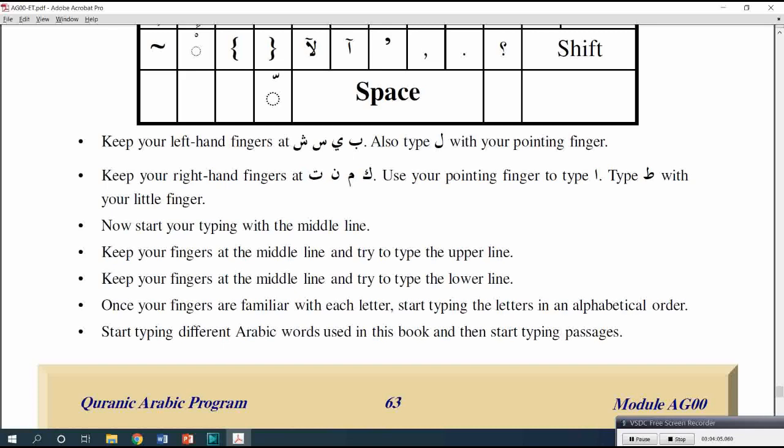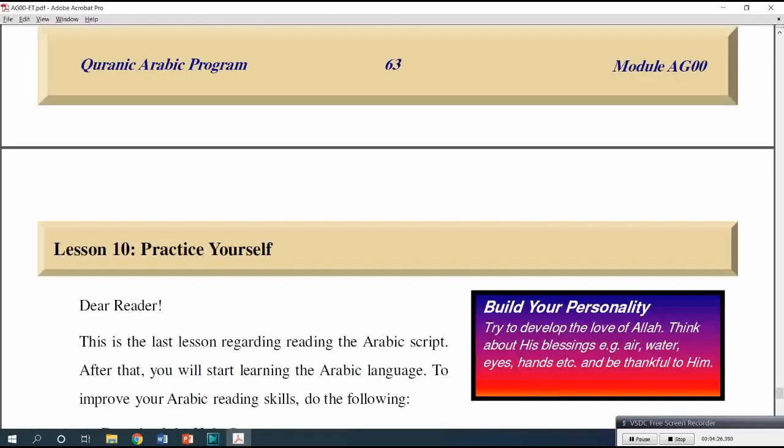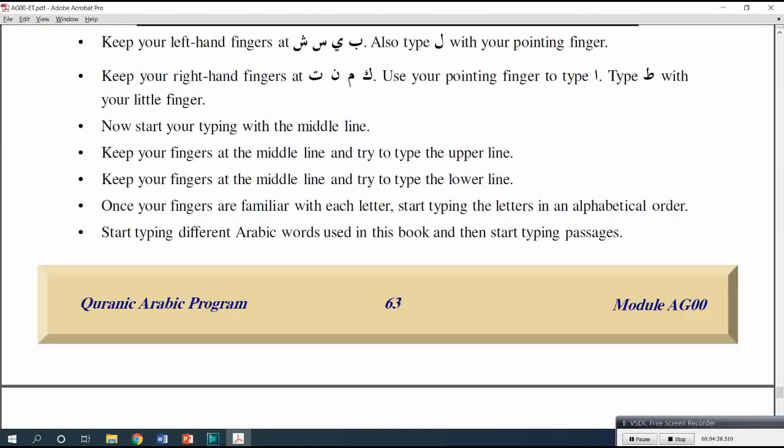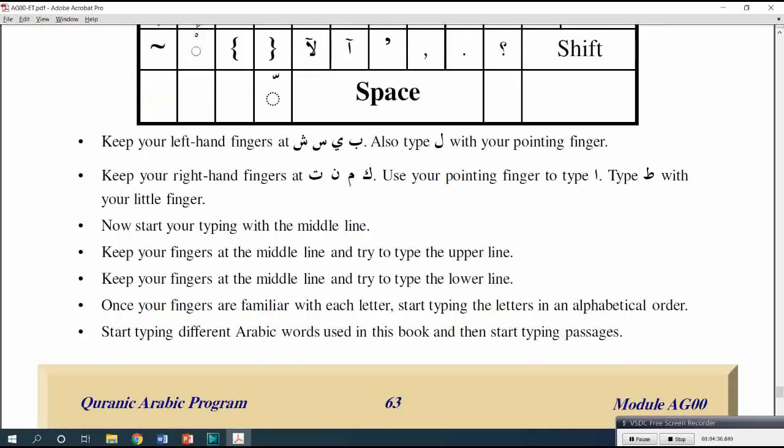So I will suggest that first you start with one word, then 2 words, 3 words. After giving them some practice, then start writing the passages like this. So inshallah your practice will be good, and as a result you will be able to start writing easily.